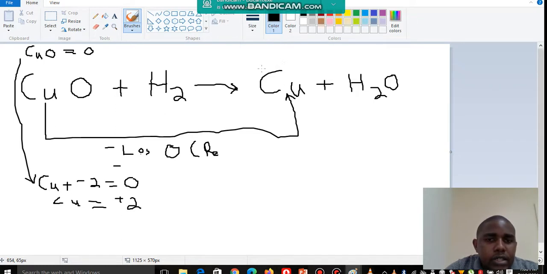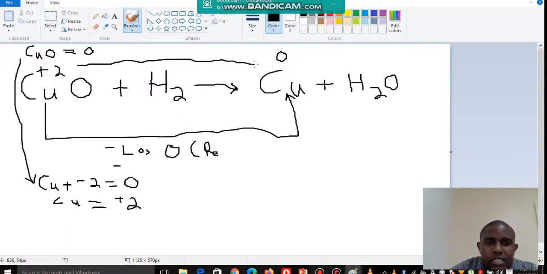And the oxidation state of copper as an element is always equal to 0. So we have oxidation state of copper being +2 in the copper oxide, and it changed to 0. So that one is termed as what? It's termed as reduction, because it's a decrease in oxidation state.